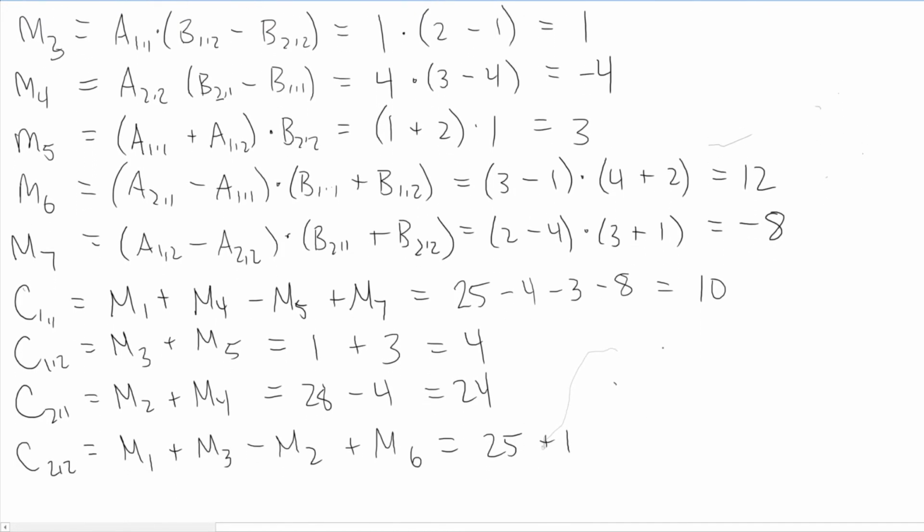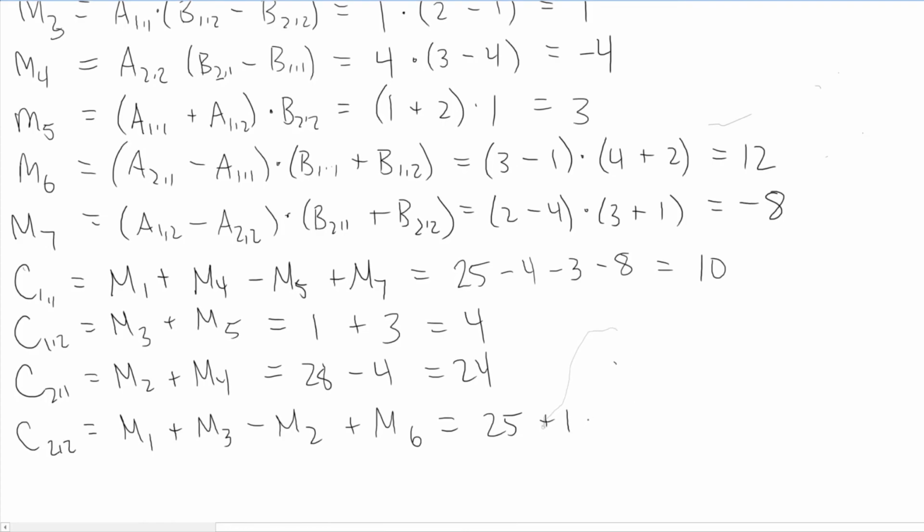Oh, it was 28. So now we minus off 28. And then we plus on M6. Where is our M6 here? Our M6 looks like it's a 12. All right, let's do the math. 25 plus 1 gives us 26, and then plus 12 will give us 38, minus the 28 is 10, and that's what we were looking for.